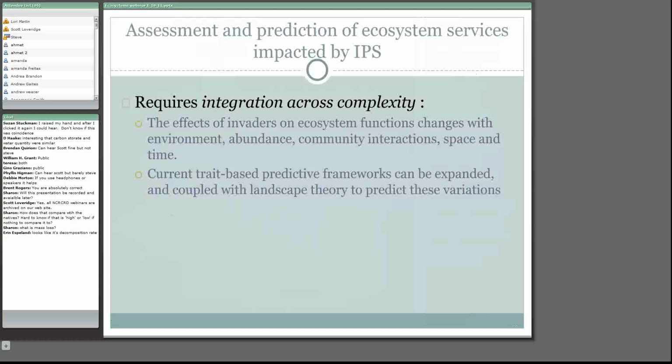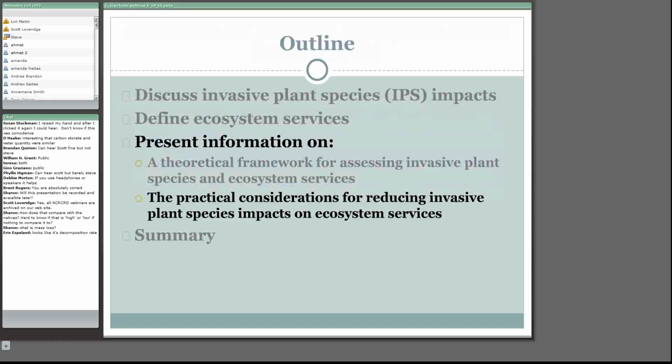They impact community interactions, and they occur over space and time. So the current trait-based predictive frameworks can be expanded and coupled with landscape theory used to predict some of these variations. Now, obviously, it's easy to say these kinds of things, but the practical aspect is another part. So this is the theoretical component, and the next part of the talk is going to talk a little bit about practical considerations.